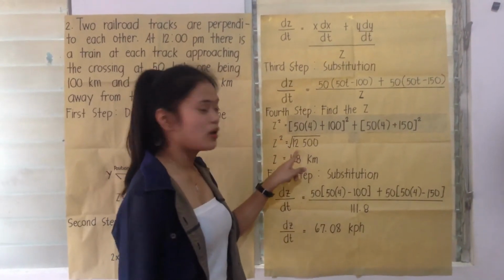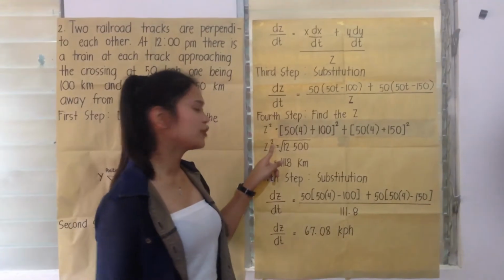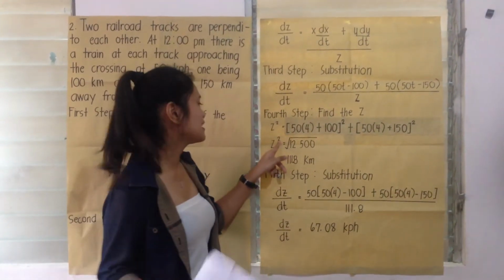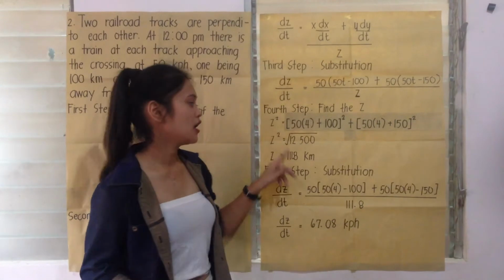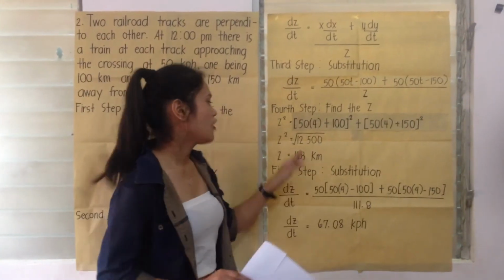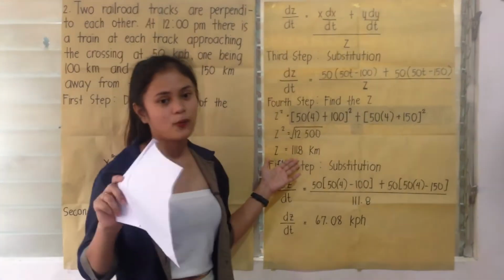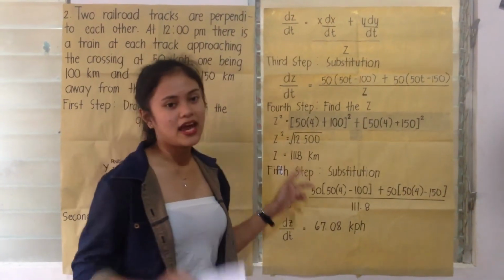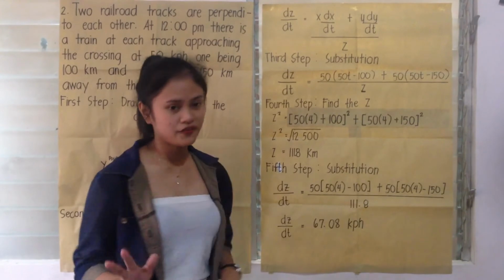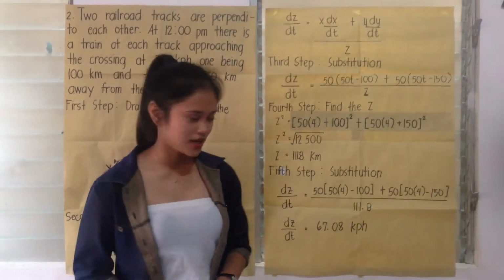So we get 12,500, and in order for us to cancel the square, we will get the square root of 12,500, in which the z is 111.8 km. So the fifth and last step is the substitution.